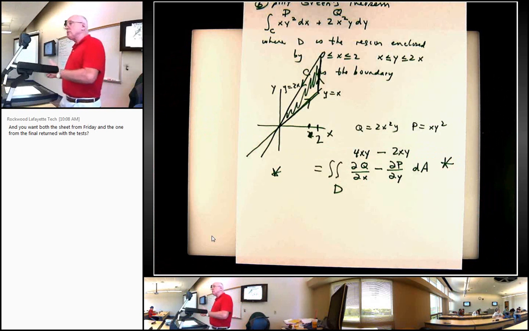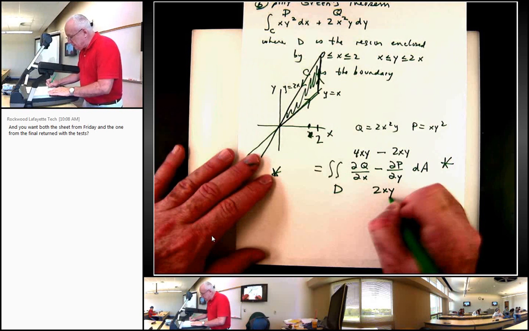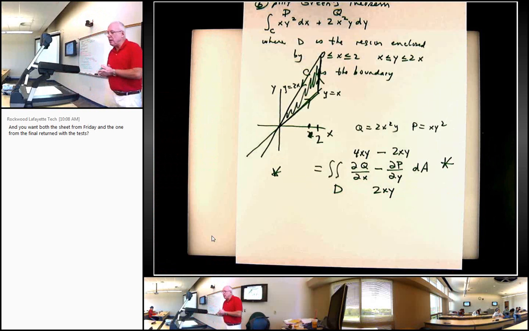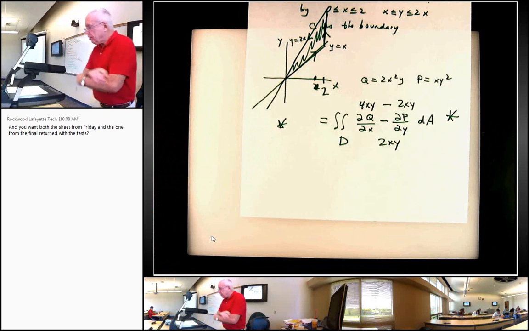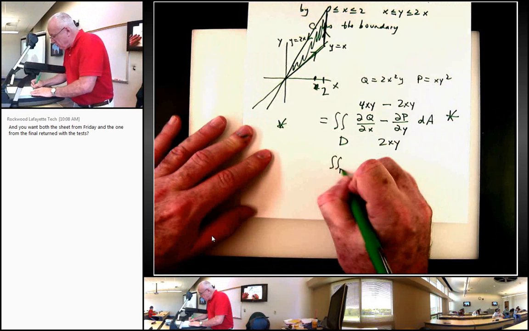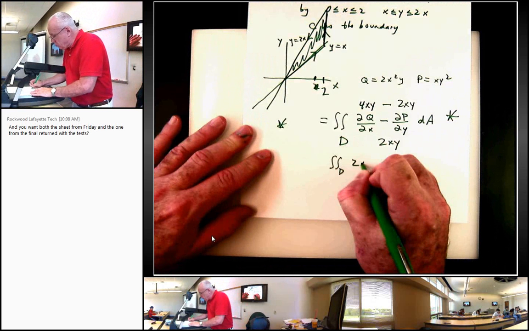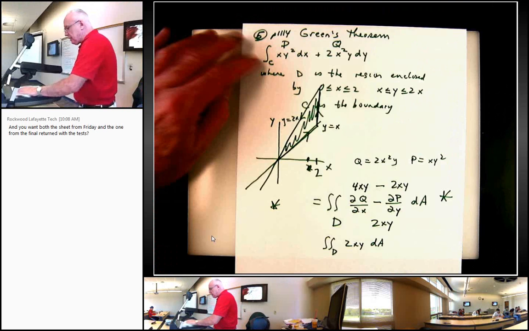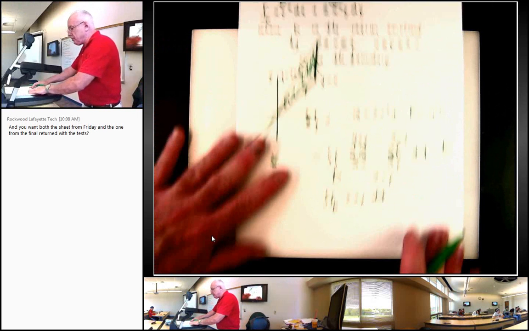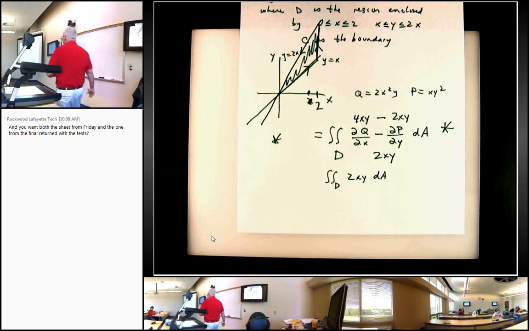So we have 4xy minus 2xy. Well, that difference is 2xy. So we have this double integral over D of 2xy dA. Green's theorem converts this line integral into this double integral.